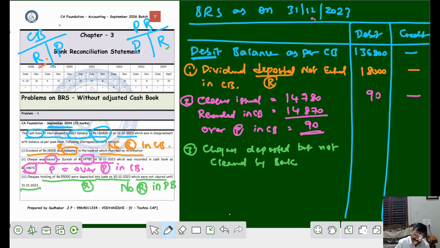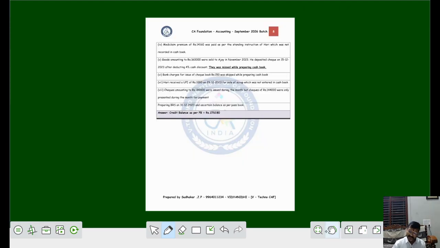Deposited means receipt, not cleared means I can say no receipt in passbook. No receipt in passbook means no credit in passbook. So, where do we have to record? Credit side only, and the amount is 55,000. I hope you understood all the 3 transactions, right?